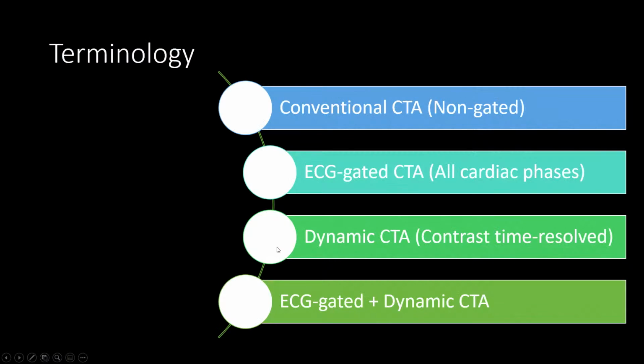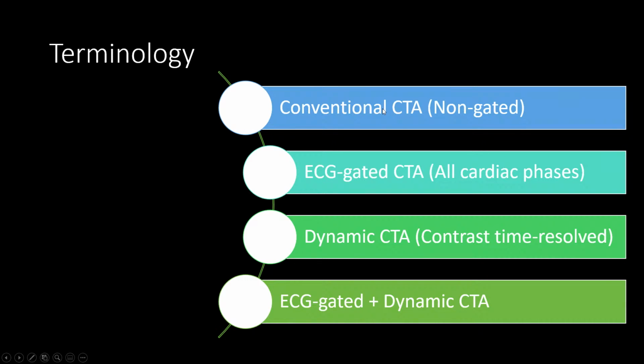Sometimes we can also combine both, especially for dissections in the ascending aorta, where there is a lot of cardiac movement and also a chance of differential flow in the true and false lumen affected by timing. We're going to go in a series of increasing complexity. The regular cookie-cutter imaging approach is that you go to Epic, order a CT chest, abdomen, pelvis, and this is what you get.